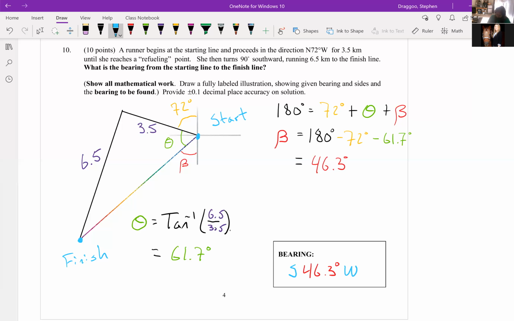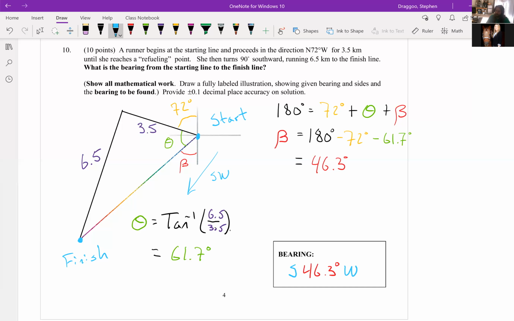Going from start to finish is southwest. Right, that's the southwest direction. And so that's how I knew what to get. Yeah, so if I were in quadrant 1, it would be northeast.